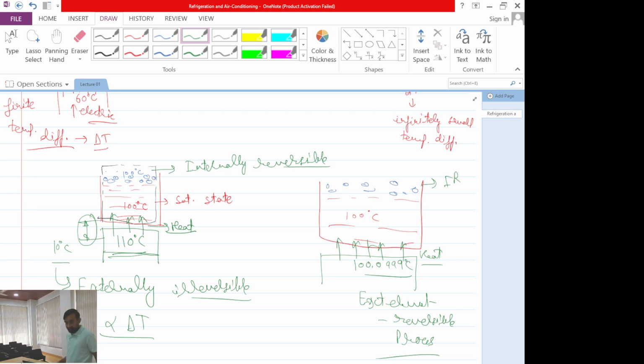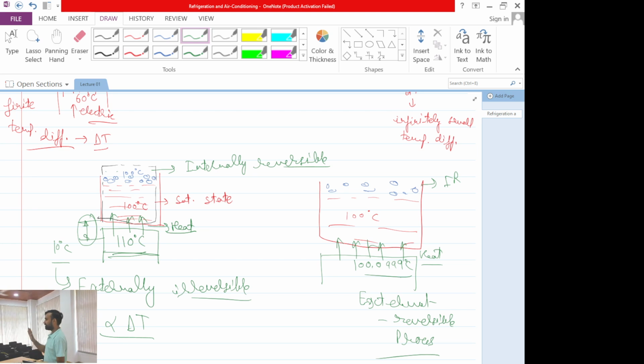Whereas the second process, in which externally it is irreversible but internally it is reversible, is practically possible in finite time. Because if you take a pressure cooker, outside temperature is hot, and inside temperature, of course in the real system there will be small differences, but it can be idealized closer to an internally reversible system.